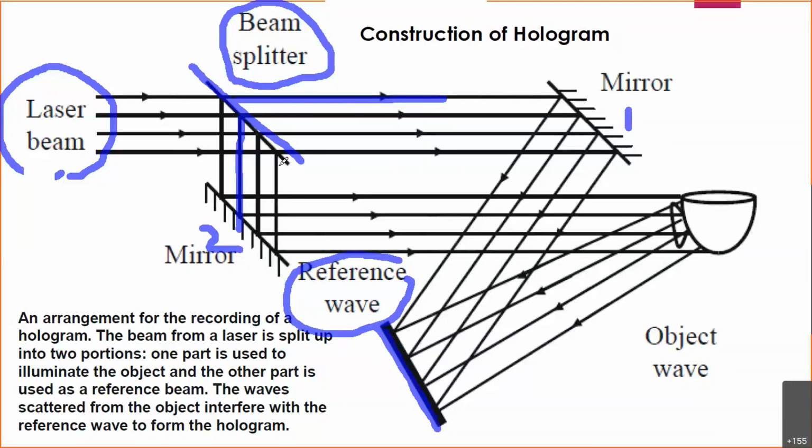Now coming to the second: the signal which was split from here goes onto mirror 2, and after reflecting from mirror 2 it will go to this object. You see this is the object here, this is the 3D object. It will go to this object, and after reflecting from the object it comes to this photographic plate again.